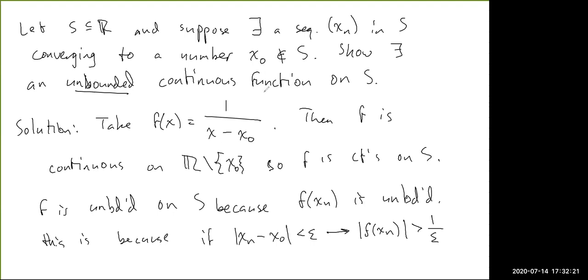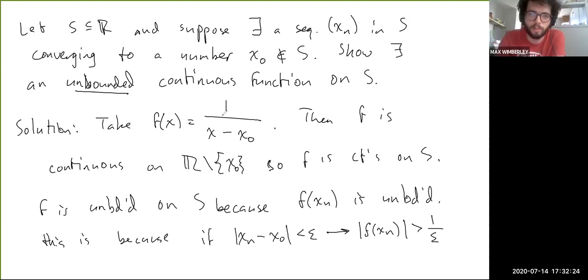The reason this function works is because the only point that's missing from its domain is a point that we know is not in S. The fact that it is defined and continuous for all other values of x is what makes it automatically continuous on S. And then we know that it approaches infinity or negative infinity close to x naught.